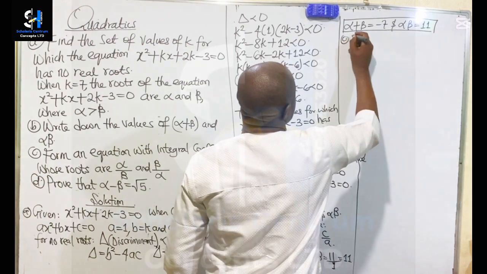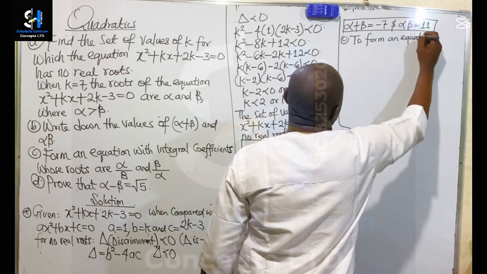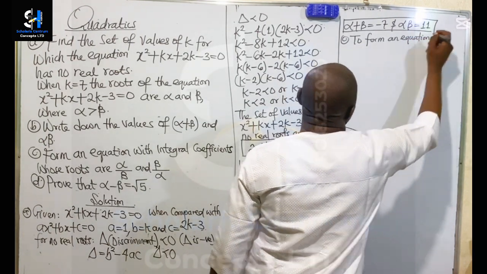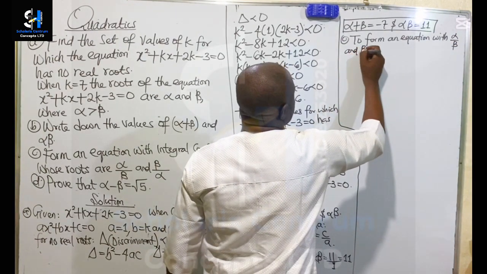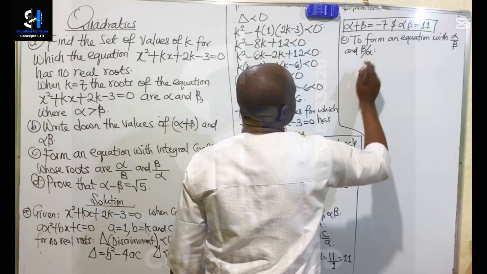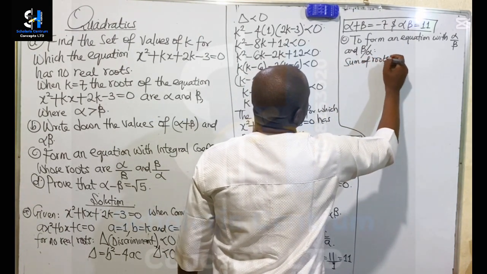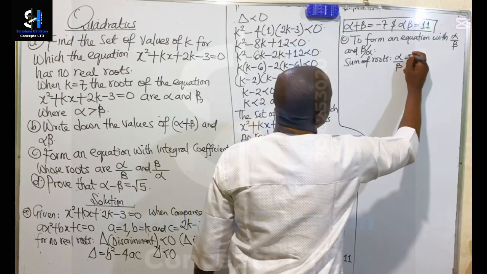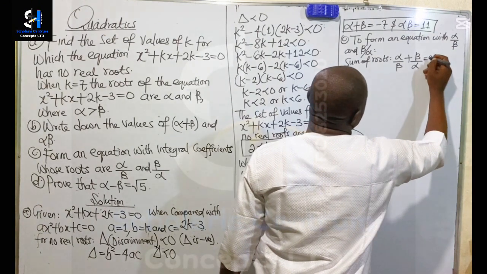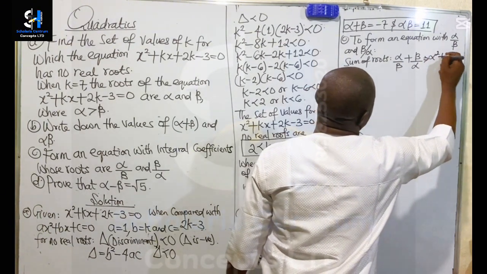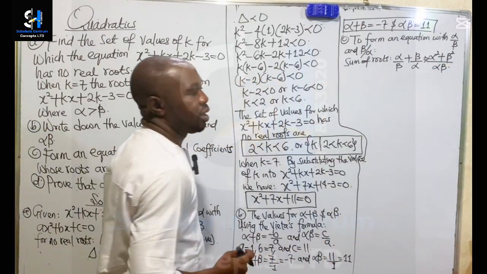So we know that the sum of roots will be alpha over beta plus beta over alpha, which can be simplified to alpha squared plus beta squared over the product alpha beta.